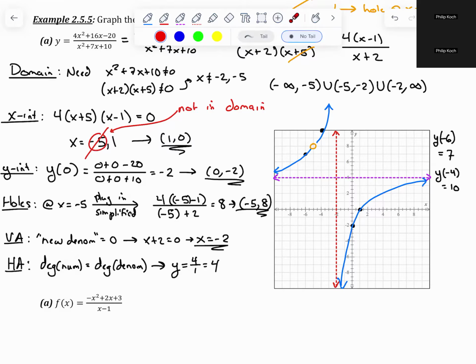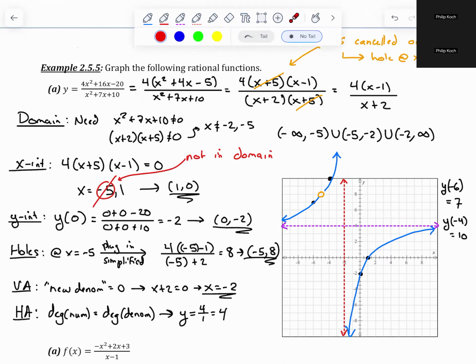When you're plugging in -4 and then -6, what formula are you plugging that into? Excellent question. Connor's asking, when I'm plugging in -6 or -4, which formula up above am I plugging it into? I can plug it into any of them. They're all equal. The only places where they're not equal is at -5, because that's a situation where you get 0 over 0 in this, and I get 8 in this, because that's what it should be if we could plug it in.